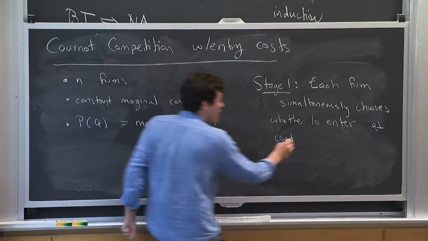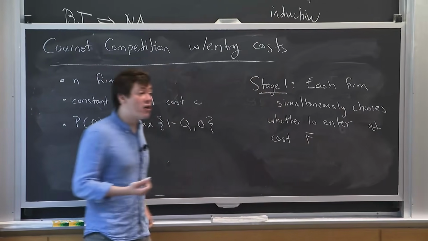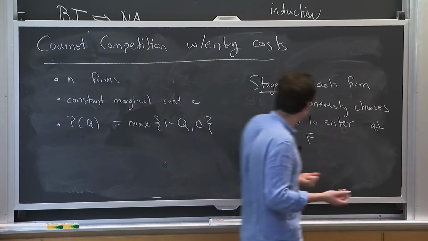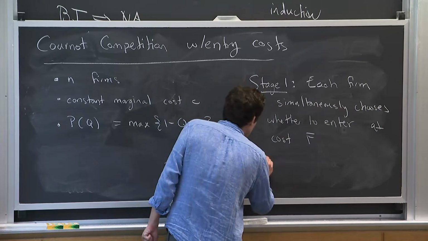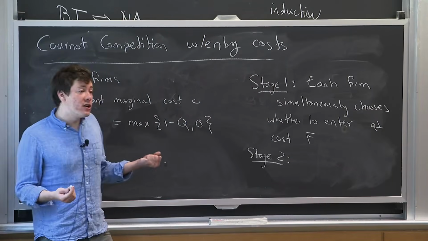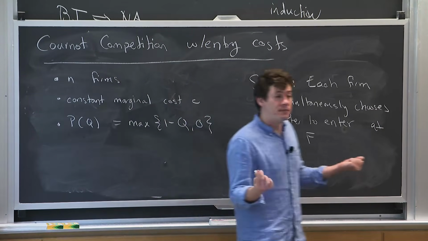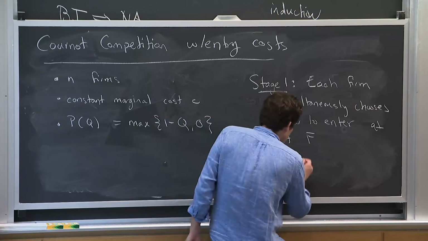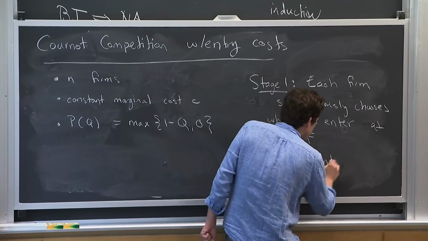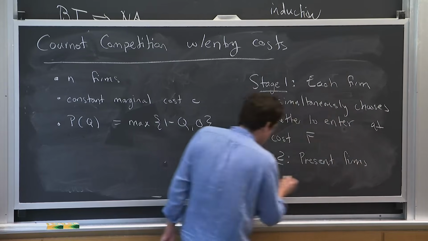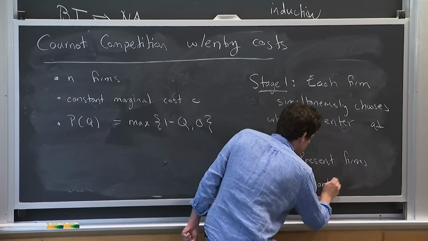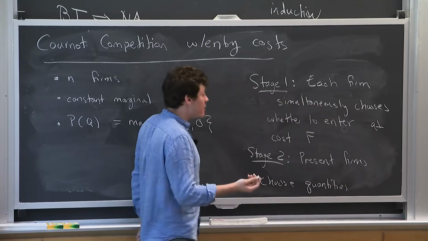So I'll say at cost F. You could think of this as a fee or as a fixed cost, right? This is building a factory, buying the farm. And then stage 2, the firms who've entered each choose how much to produce. Maybe I'll say the present firms, that is the firms who've entered, choose quantities. And again, this is simultaneous.